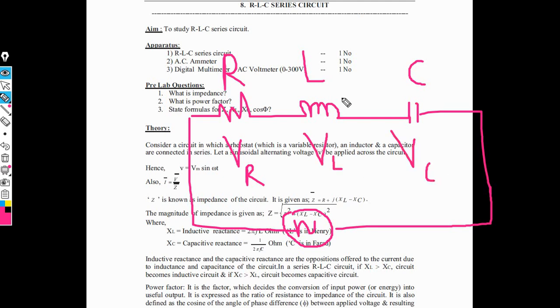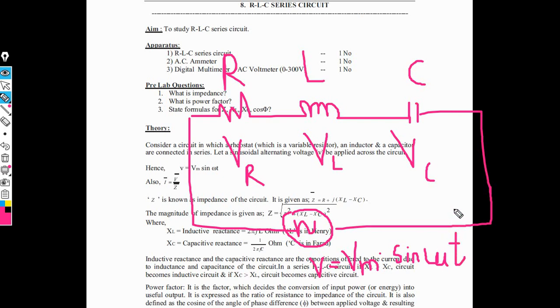This is the circuit diagram for the RLC circuit. Here the voltage V is equal to Vm sin omega t.